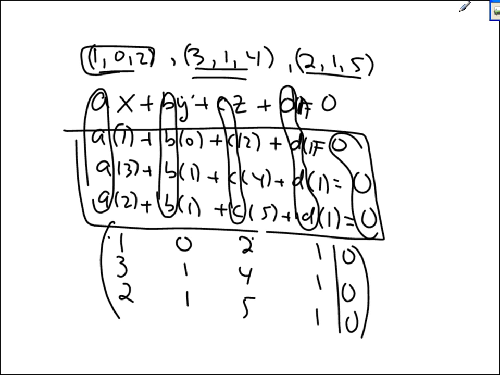If you were to solve this, then you will have solved for A, B, and C. And that's what we want to know. That's all we want to know is what is A, what is B, what is C, and what is D. So you solve this system of equations and you learn what A, B, and C are.